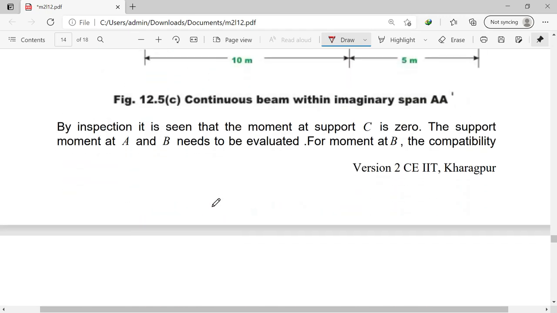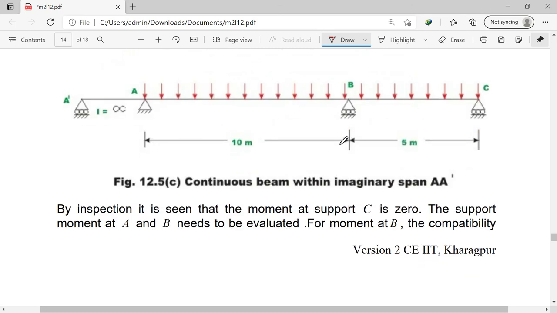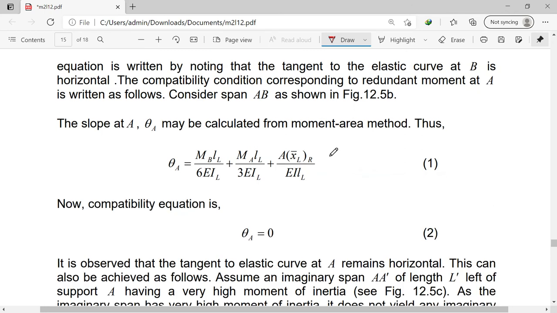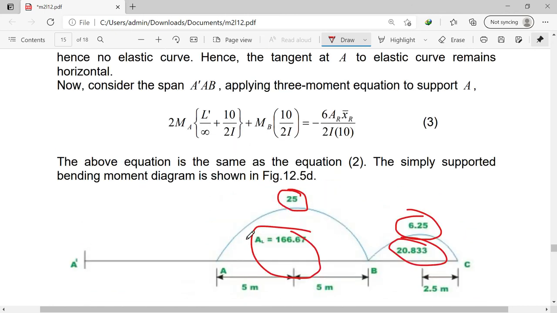Then we have to give the initial imaginary span, as support A is a fixed support. Therefore the imaginary span we have to add on the left hand side, A dash A is equal to infinity. Then we have to calculate the bending moment of the respective diagram, then the area of the respective diagram, then x bar, and then put all these values in the particular equations.